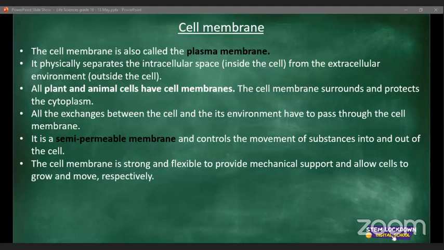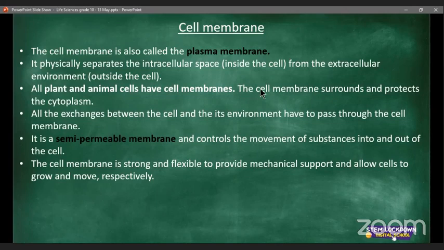It physically separates the intracellular space, which is the inside of the cell, from the extracellular environment, which is the outside of the cell. All plant and animal cells have cell membranes.